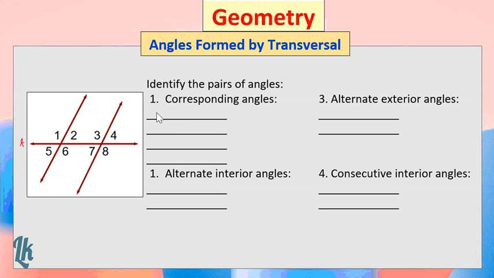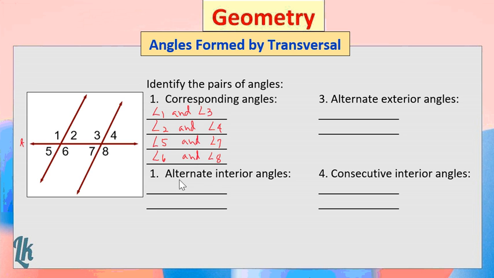So we have angle 1 and angle 3 as corresponding angles. Next, we have angle 2 and angle 4, angle 5 and angle 7 are also corresponding angles. And then we have angle 6 and angle 8.